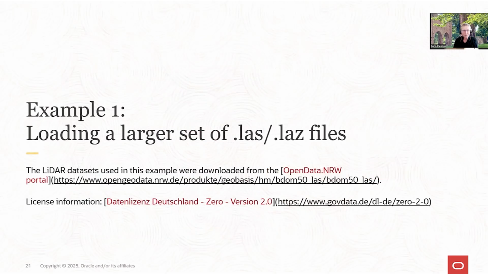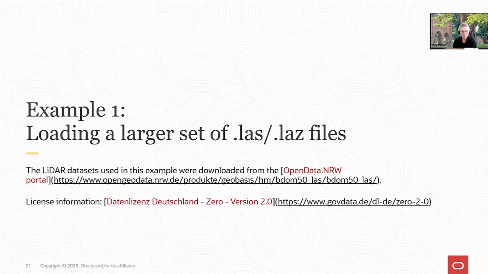And since typically the first obstacle when it comes to working with LiDAR data is how do I get the data into my database, I've included here an example in more detail, explaining how to load a set of these LAS files into the Oracle database.